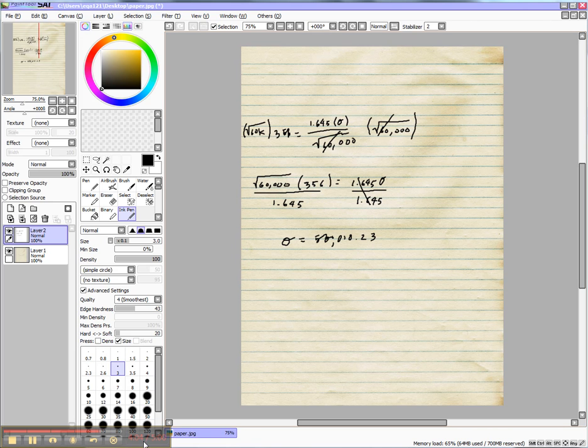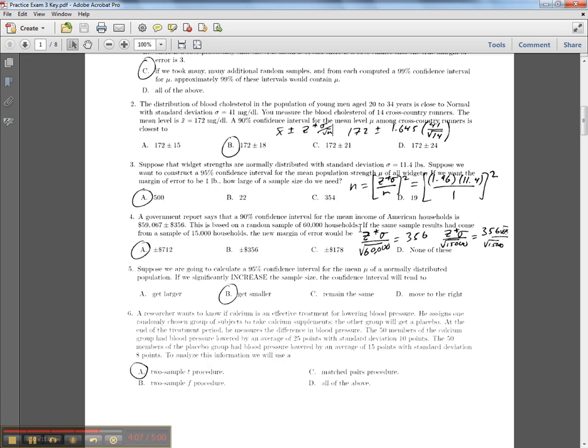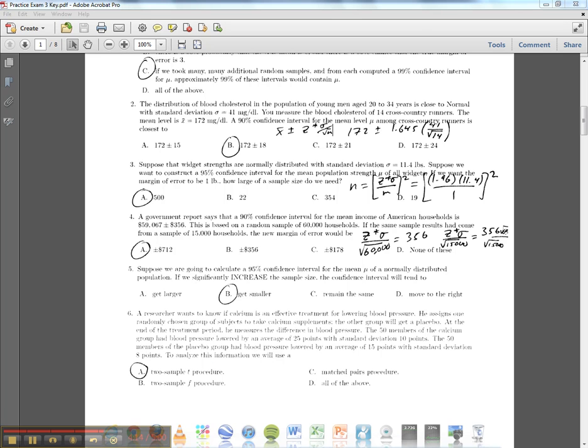Now that we solved for sigma, the rest of the question is asking what is the new margin of error if it's 15,000 households. So let's just plug in all the information that we do have now.